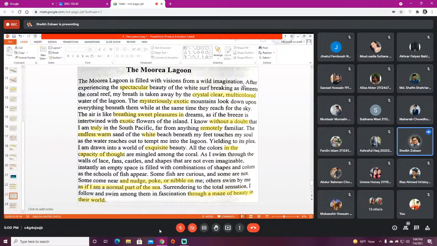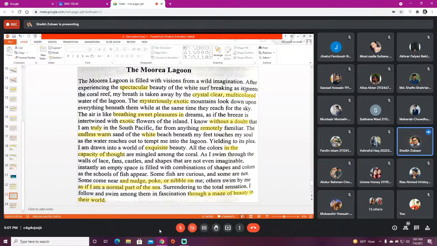What is the basic meaning here? It basically means that Moria Lagoon is a lovely place. It is a wonderful place to visit. In fact, this is what most of the students will write as their opening sentence. Moria Lagoon is one of the best places to visit. Or even simpler sentences. Moria Lagoon is a great place. It's a beautiful place, wonderful place.